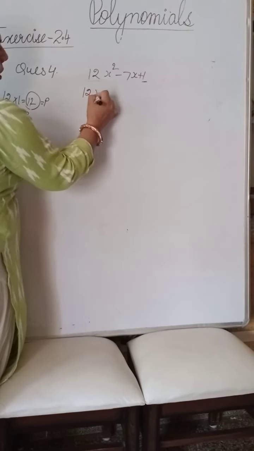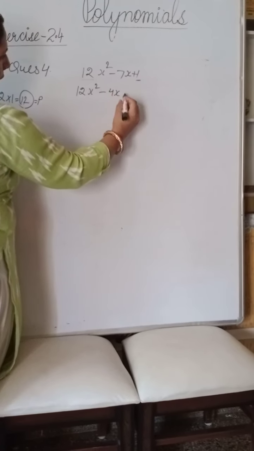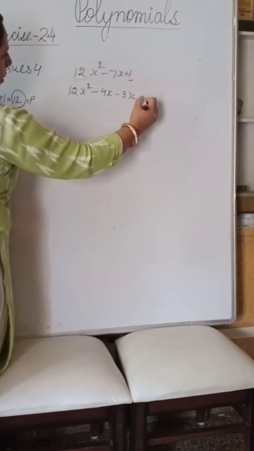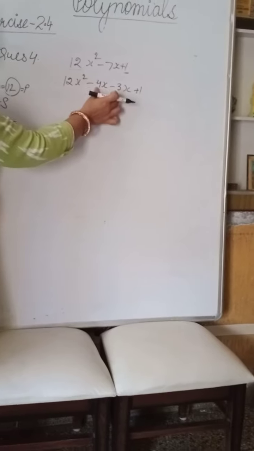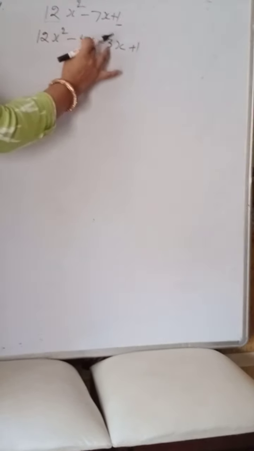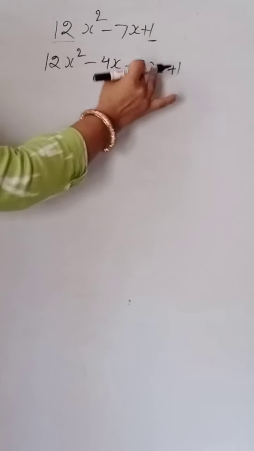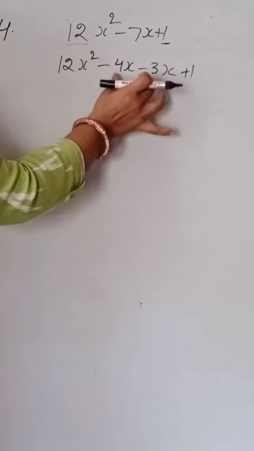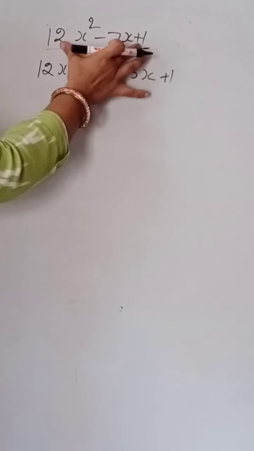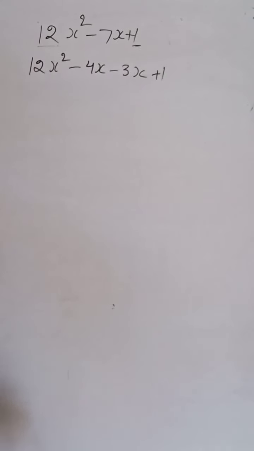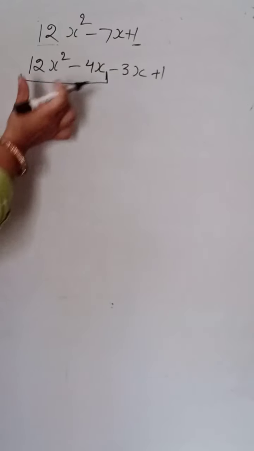So I will split this middle term in two terms: 12x square minus 4x minus 3x plus 1. Means I split this term in two terms, minus 4 and minus 3, but with the condition that the product of these two numbers must be equal to the product of those two. Clear, students?